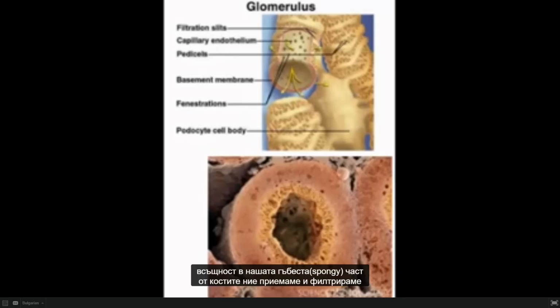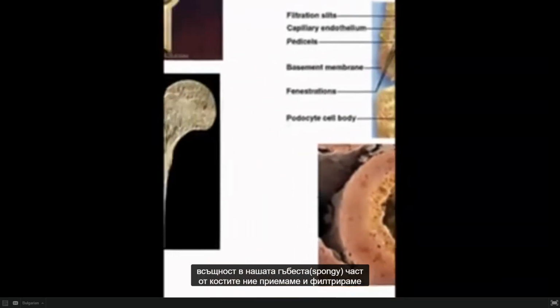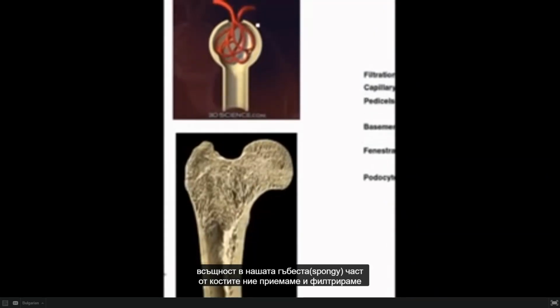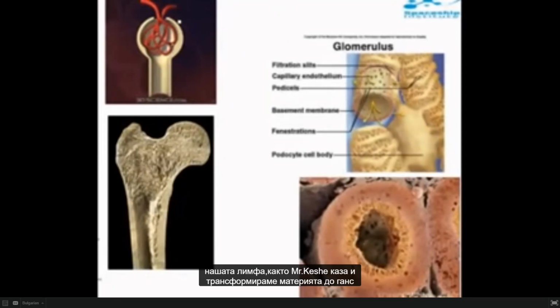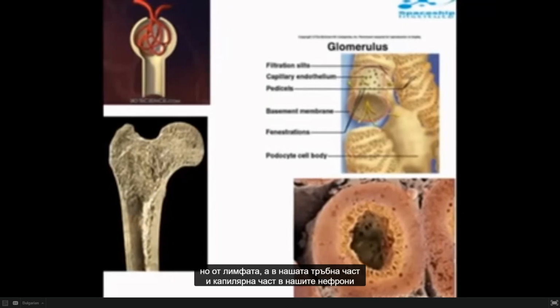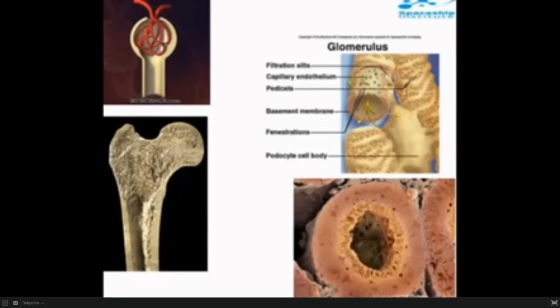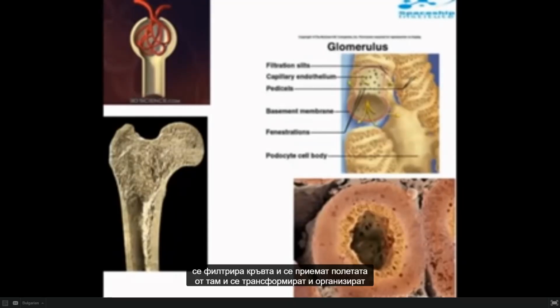Actually, in the spongy part of our bones, we accept and filter our lymph, as Mr. Kesh said, and transform the matter to the GANS state, but from lymph. But in the tubular part and capillary part in our nephron, we are filtering our blood, accepting the fluids from there, transforming them, and organizing them to the GANS state and vice versa.